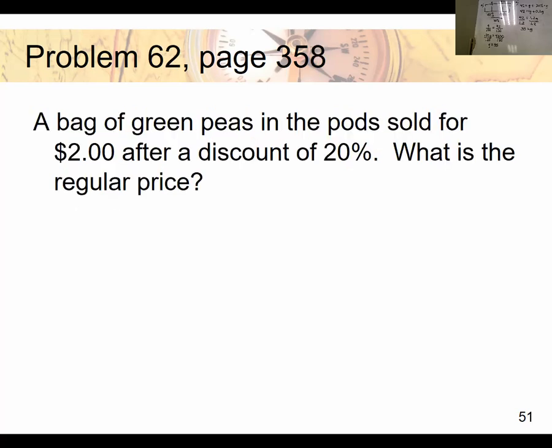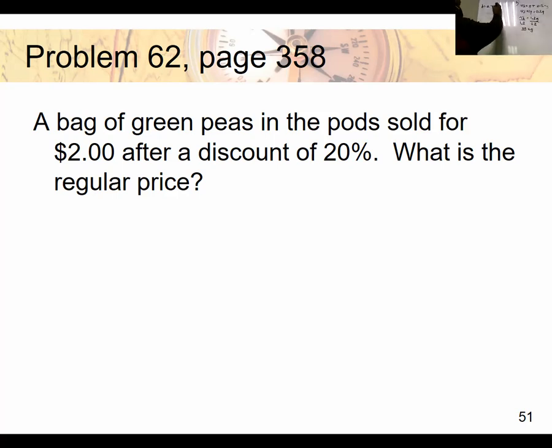All right. A bag of green peas in the pod is sold for $2 after a discount of 20%. What is the regular price? In this case, that's where we use a percent change equation. B is equal to A, and of course, it's a discount, so it's going to be a percent decrease.